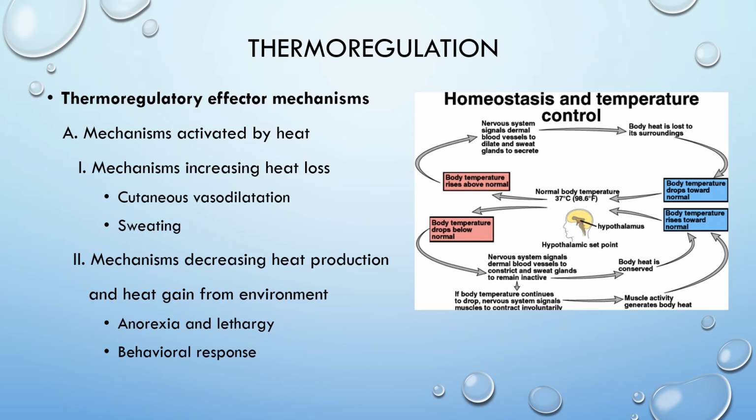And in the mechanism to decrease heat production and heat gain from the environment, a person will become anorexic and lethargic to reduce physical activity, to reduce the heat production from the body, or show a behavioral response, for example, finding shelter to decrease the heat gain from the environment.